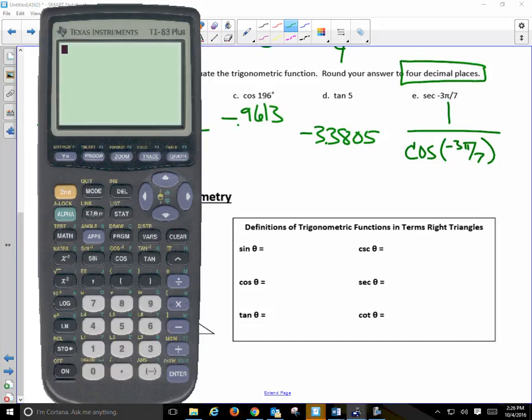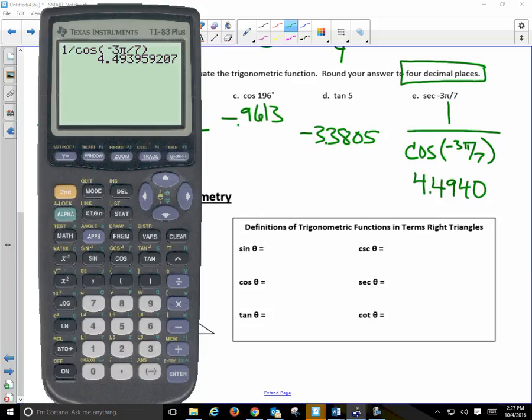So that's what we're going to type in our calculator. 1 divided by the cosine of negative 3 pi divided by 7. .4940. That's what you should get.